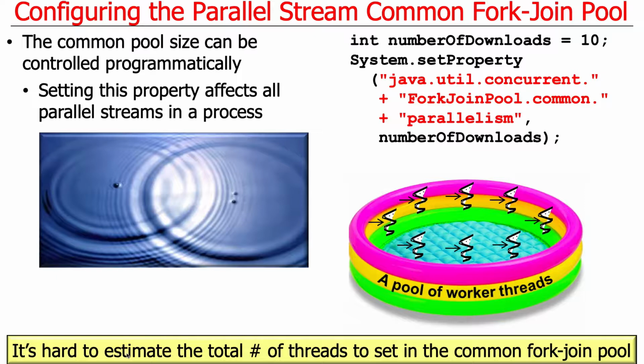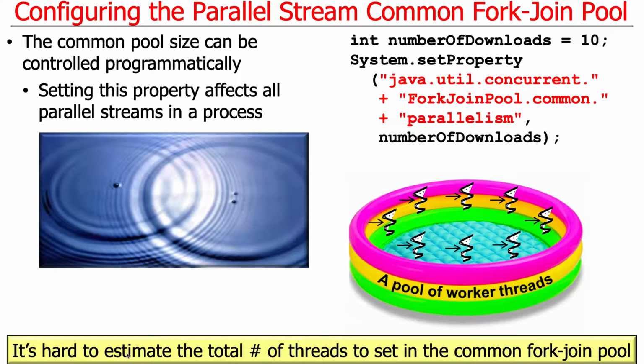It's a process-wide value. And the reason why is because it's the common ForkJoin pool, after all. And the common ForkJoin pool, by its very nature, is common to all the parallel streams that are running within a given process. Not across other processes running on that machine, but within a given process.